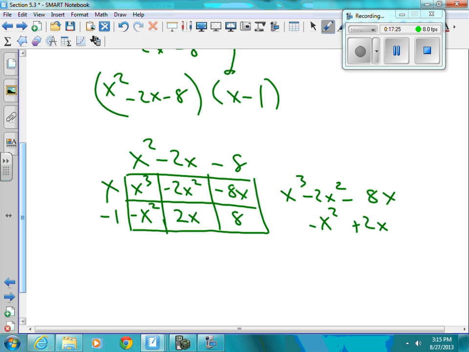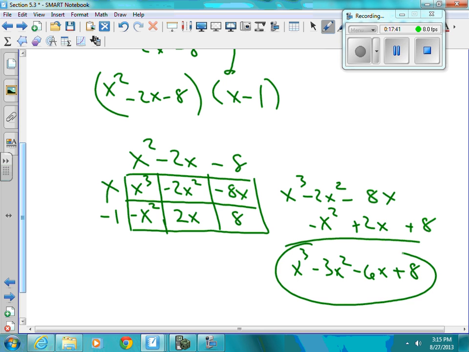And we get x cubed, which has nothing to add to. Negative 2 and negative 1 make negative 3x squared. Negative 8x and 2x make negative 6x, plus 8. Hopefully that's what you got, because that would be the right answer.